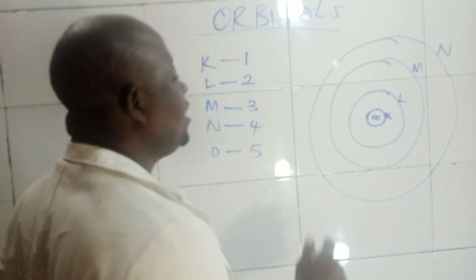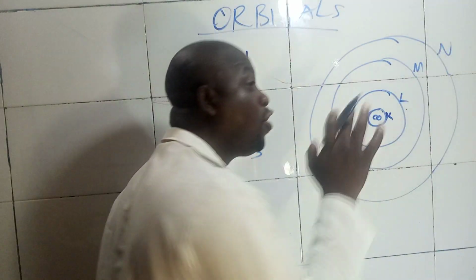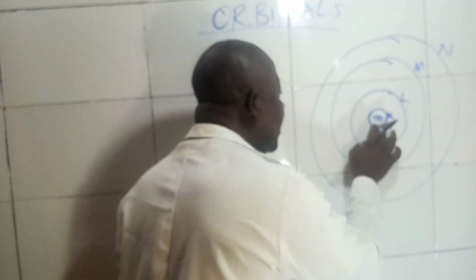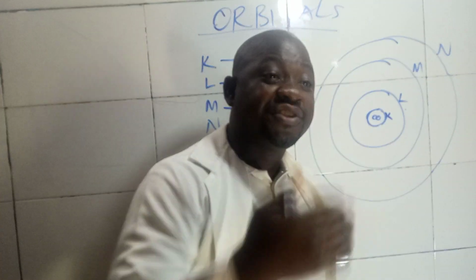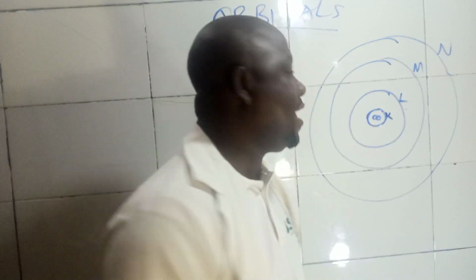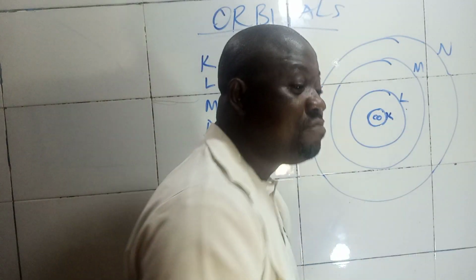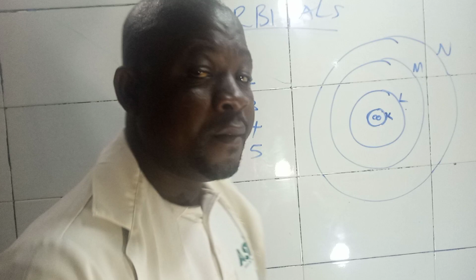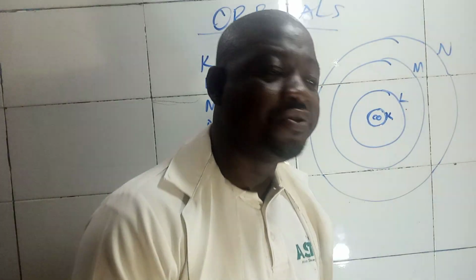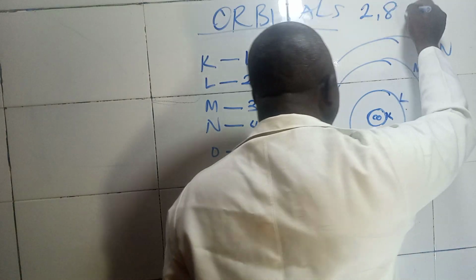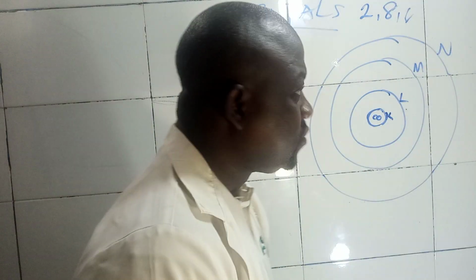Please follow me. In each of the shells, they all have their own sub-energy levels, and that energy level is with respect to the number of electrons they can contain. Like your K shell, the maximum number of electrons you can find there is 2. In your L shell, the maximum is 8. You remember when I was writing 2, 8, 8, and so on.